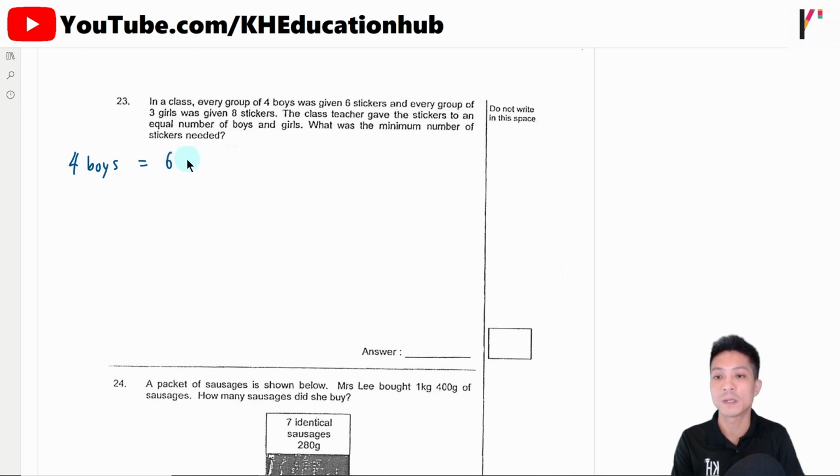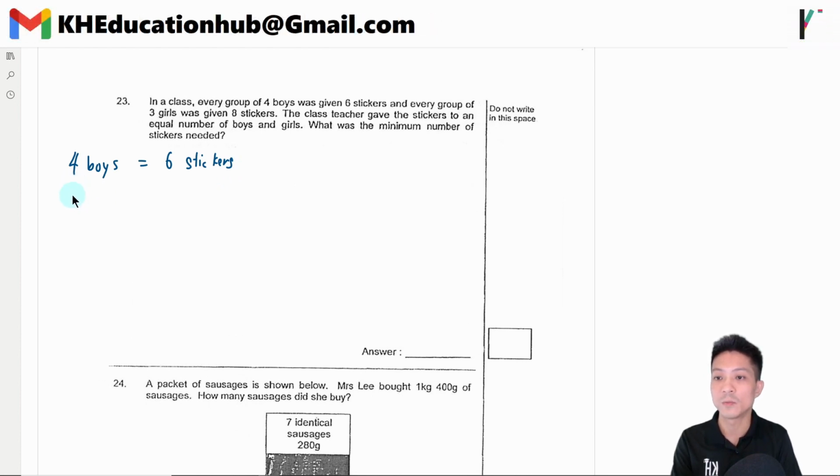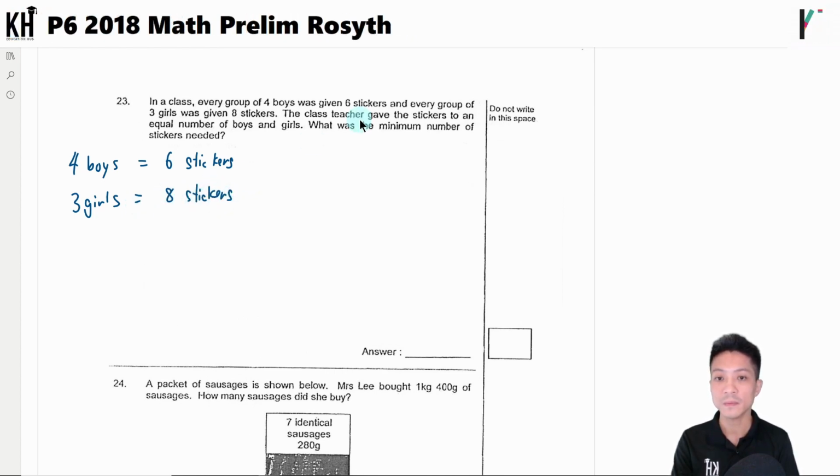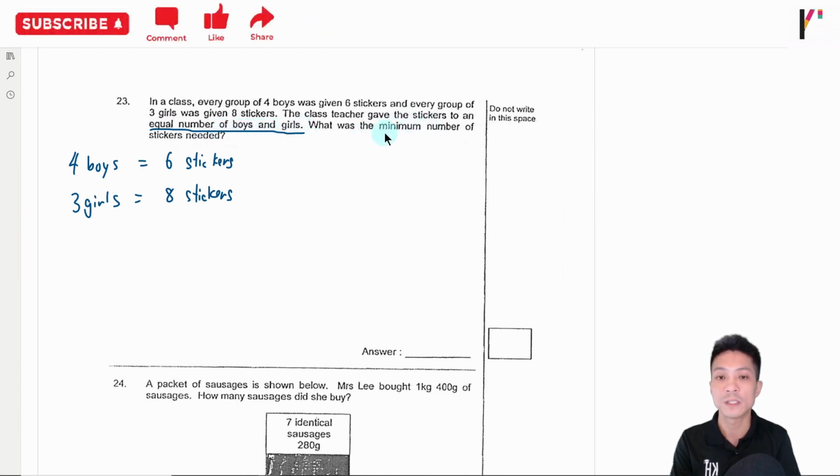Okay, so I'm gonna write 6 stickers. And a group of 3 girls, okay, they're given 8 stickers. Okay, the class teacher gave the stickers to an equal number of boys and girls. Okay, and then the question is asking for the minimum number.